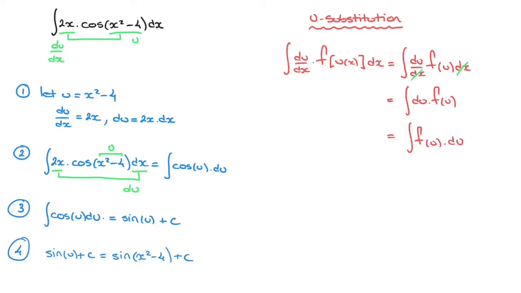Then we simply integrate f of u in exactly the same way that we would integrate f of x. And that would lead to the antiderivative, capital F. So we would find capital F of u plus some constant of integration c. And finally, we would write u back in terms of x. So this equals capital F of u of x plus c. And that's how U-substitution really works.